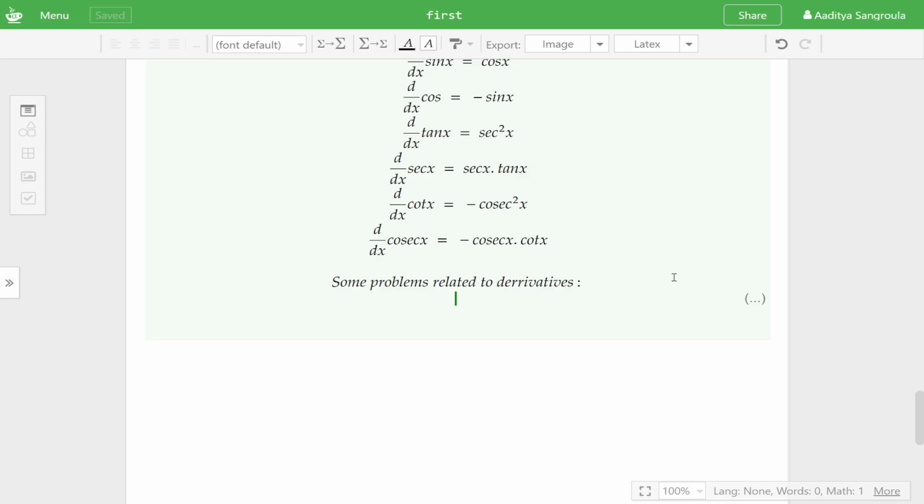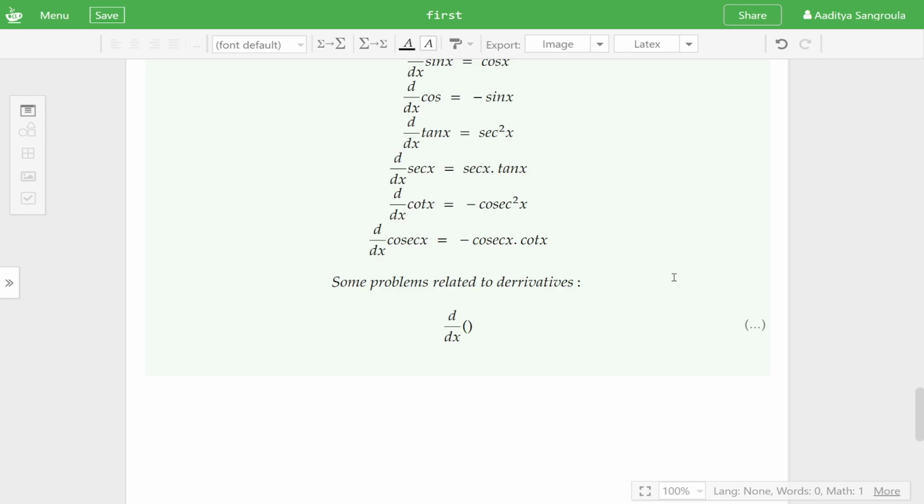Let's see. We have a lot of functions of which we can find the derivatives. We could also practice the question using the first principle, but I won't waste the time there. Okay, let me copy this to make things faster.